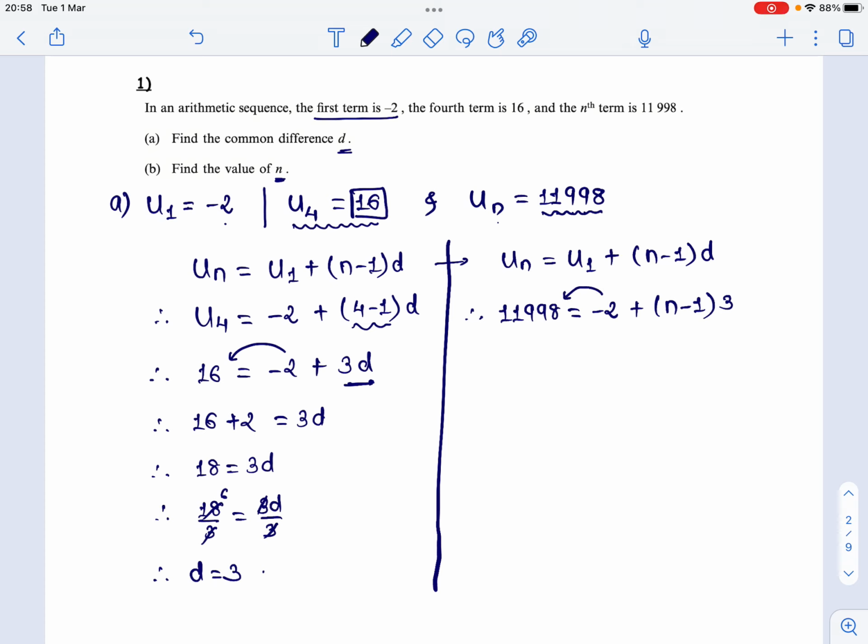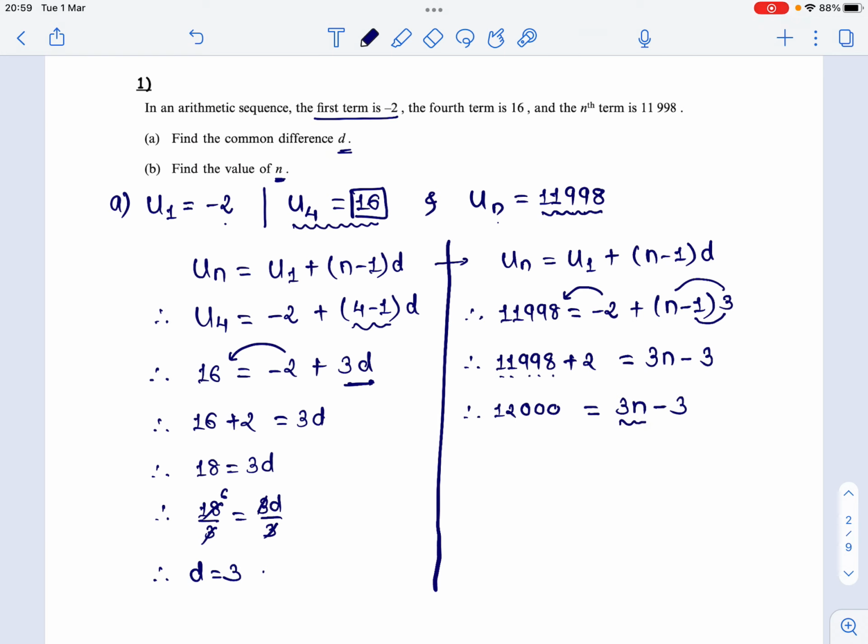First take this minus 2 to the other side. So 11998 plus 2 is equal to, either you open the bracket or you can finally divide that. If you are not comfortable dividing, open this bracket. You need to multiply, so this becomes 3n minus 3. 11998 plus 2 is basically 12,000, which is equal to 3n minus 3.